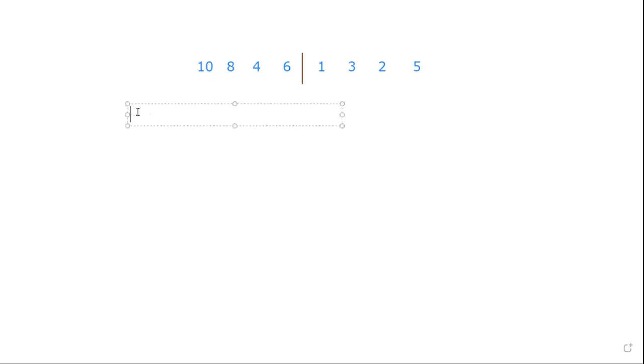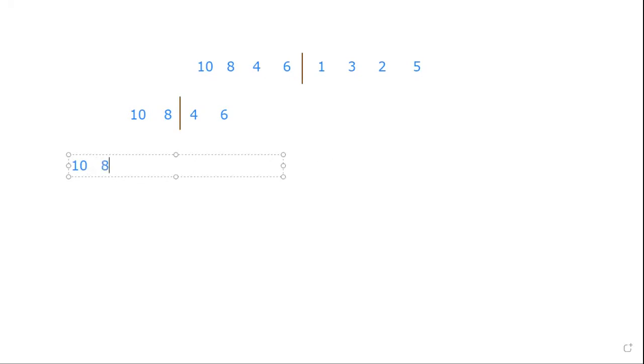Now see here, we need to check whether these are able to conquer or not. These are not able to conquer because there are multiple elements in this array. So again we need to divide. At the next step, this will be divided into multiple arrays.